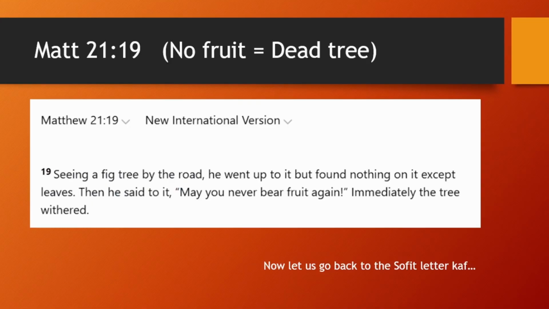Wabona isihlahla sesefig endleleni waya kuyo, wakathi makafika kuwathola ukuthi akukho ma-fruit, kunama-leaves kuphela. So we might ask the question, wasn't the leaves enough evidence for Yeshua to say that this tree is alive? Singazibuza ukuthi lama-leaf lawa awasho kuKristu Jesu ukuthi lesihlahla sinempilo na. Keeping in mind it was in season.